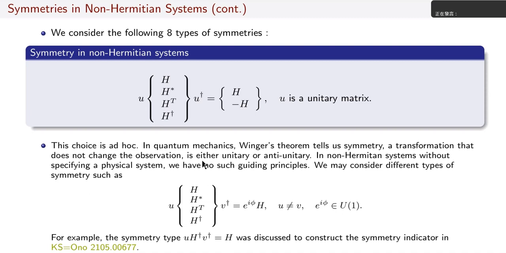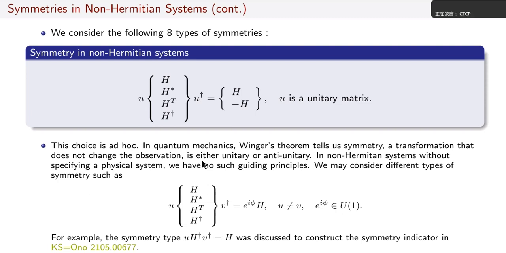So in the Hermitian system, in quantum mechanical system, we have a guiding principle because the symmetry is defined as a transformation of observer, which does not change the wave function and the physical quantity.